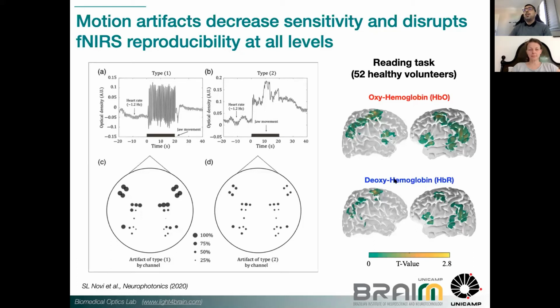And you can see that you can still find regions, but the t-values are very low, which means that the p-values are also poor, and the power to detect the regions related to the reading task is quite low.